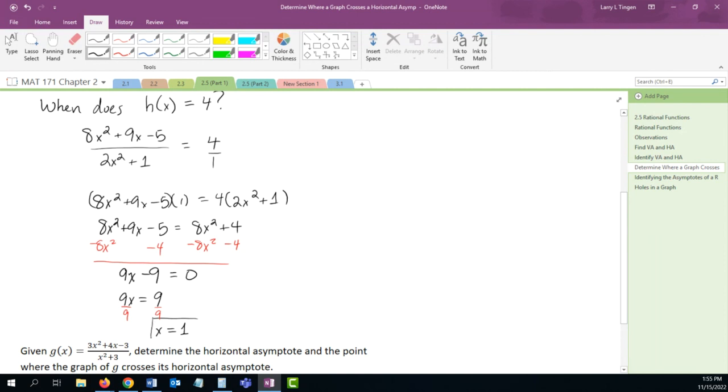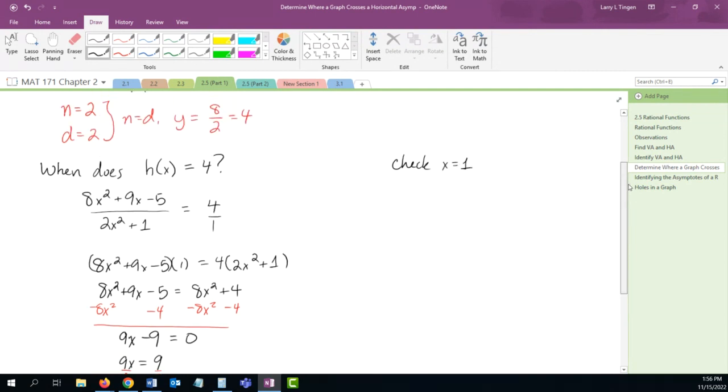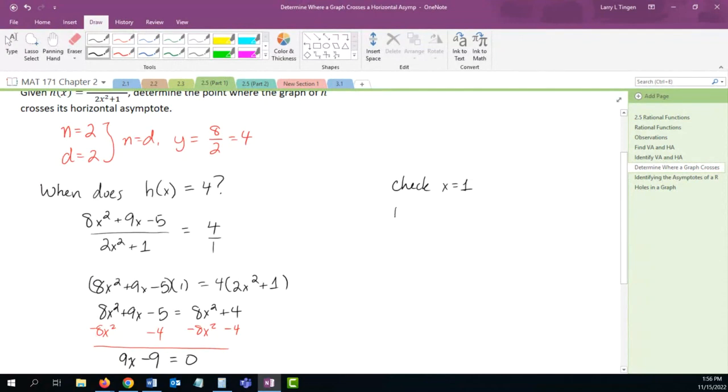Okay. Now, remember the question we're asking. We're asking, when does h of x equal 4? Okay. Well, it does it when x is 1. Let's check to make sure that's right. Make sure we didn't make a mistake. So I'm going to plug 1 into h of x, and I better get 4.